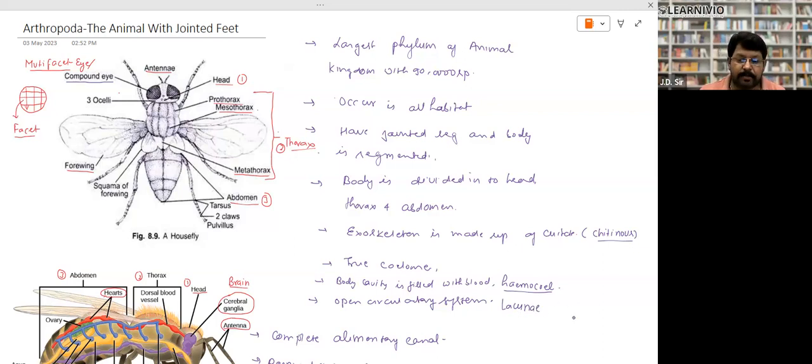There are some open spaces called lacuna or sinuses, which remain filled with blood. Next point.